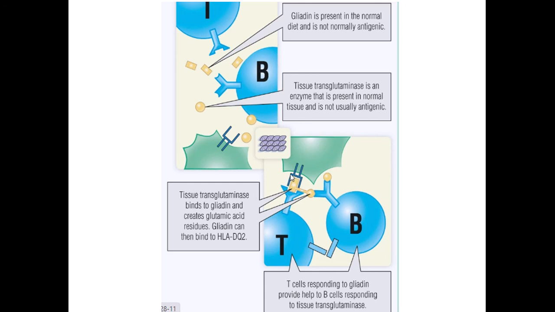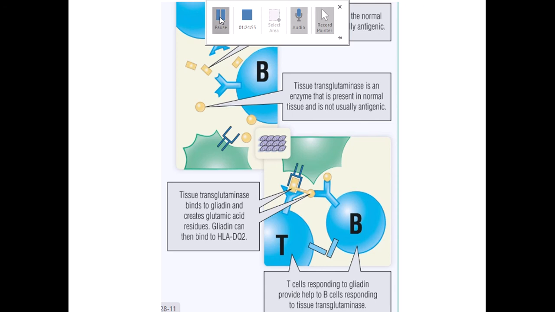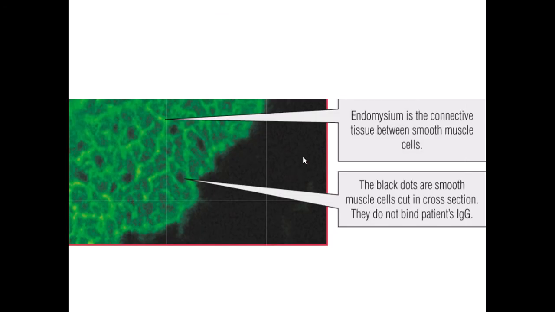So the detection of the anti-transglutaminase is a reflection of the anti-gliadin, which we use for the diagnosis of celiac disease. Then the detection of the anti-endomysial antibodies is also an indirect finding for celiac disease. So the anti-endomysial antibodies is a reflection that this patient is having celiac disease.